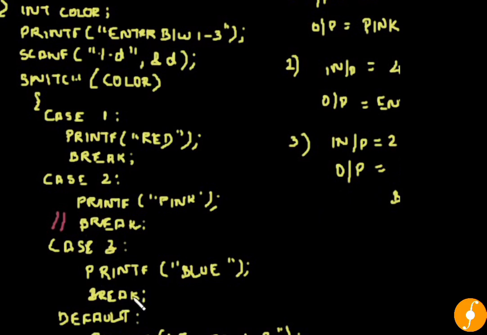And now it encounters a break, right? So the control comes out and the program ends. So this is the use of the break statement. If there are no break statements in a case, the statements get executed sequentially, case after case.